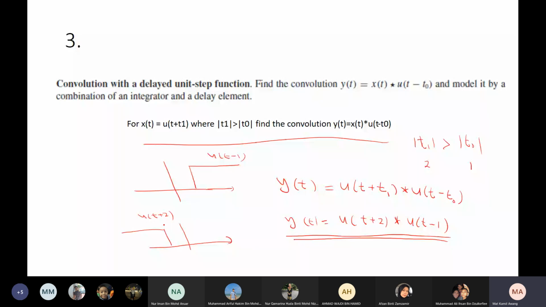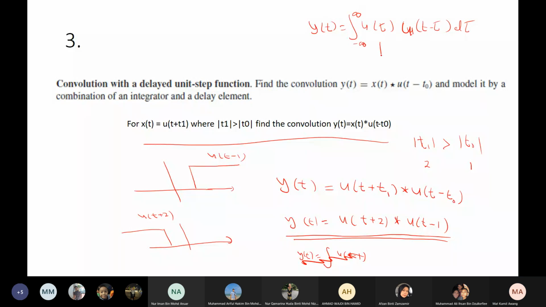Let's say you want to write basically the integration of u(t minus 1) with, let's say, y(t) is equal to the integration from minus infinity to infinity of u(tau) and u(t minus tau) d tau.